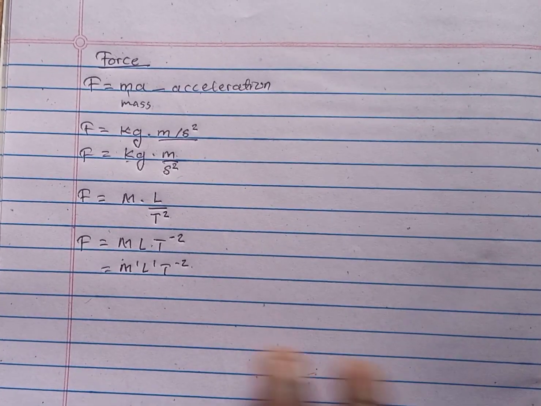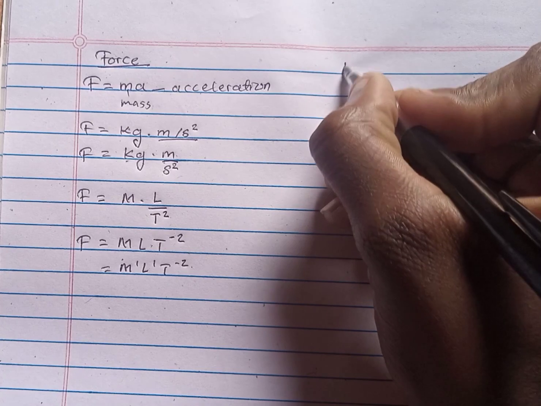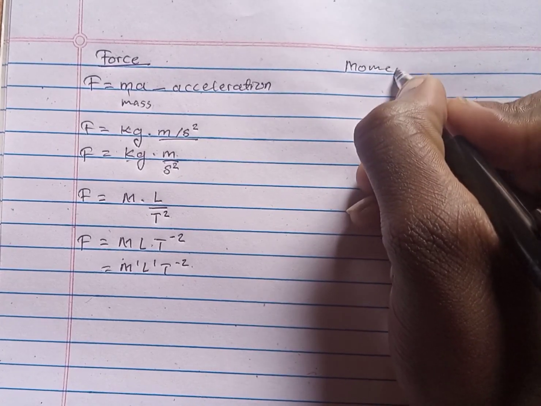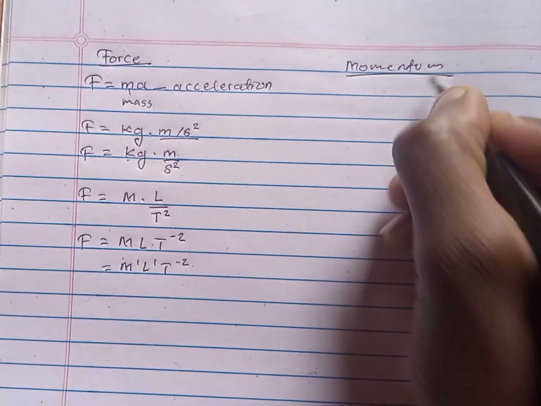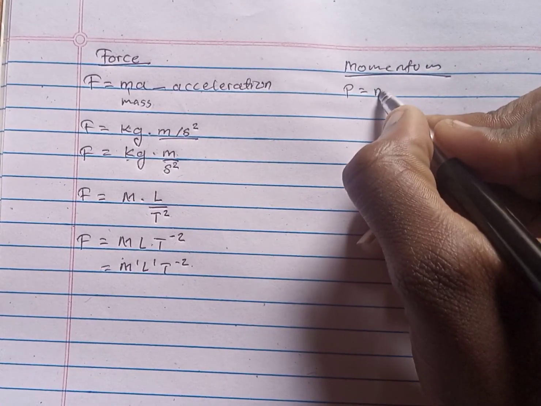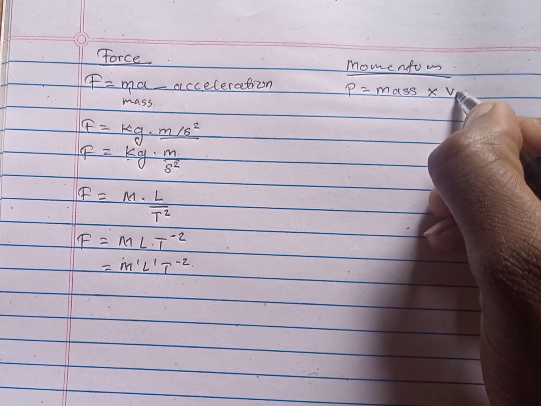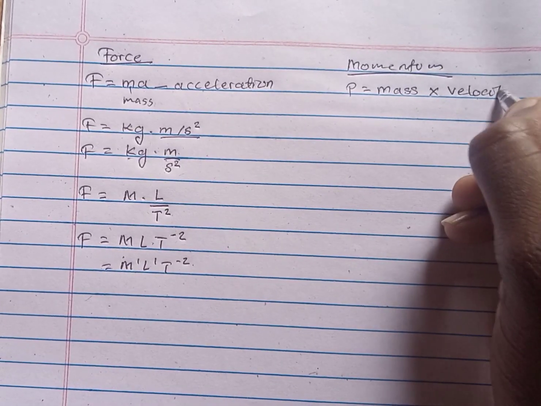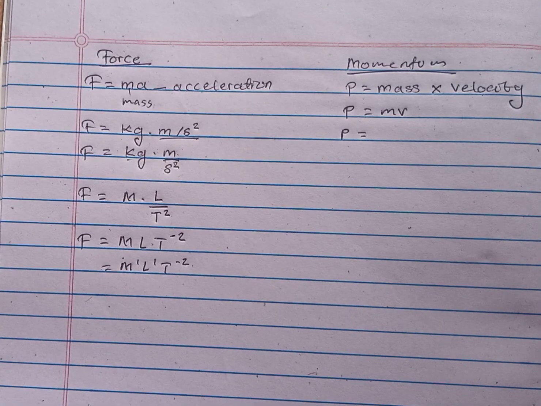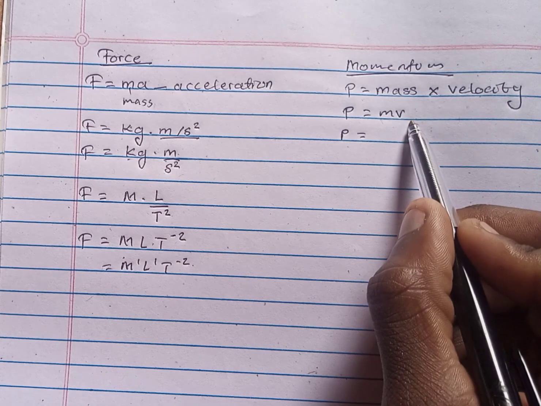Let us look at the dimension of the other quantity, momentum. So momentum is equal to mass times velocity. So we're going to write the SI unit for the quantities mass and velocity.